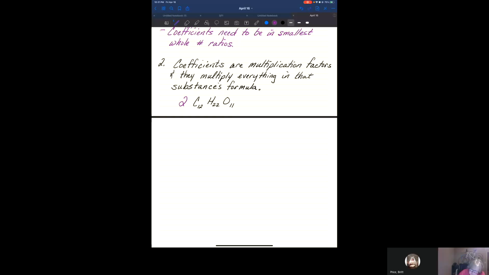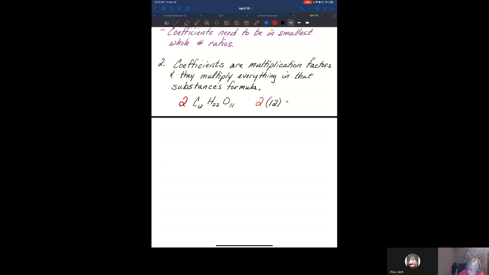In terms of counting, for the carbon, well, there's 12 carbons, right? But this is the coefficient of 2.